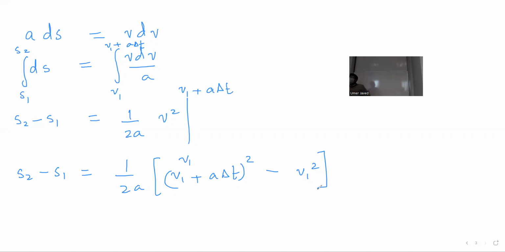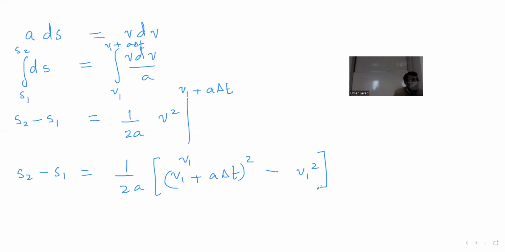In general, derivations are not included in exams, but it's good practice that I just tell you the final formulas by this method. Just tell me the final formula. Okay, I will do it.